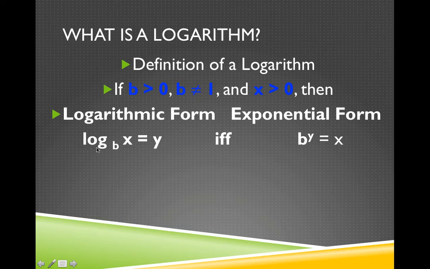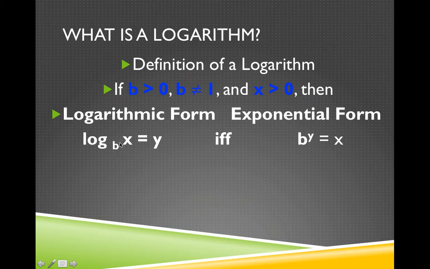These two forms, logarithmic form and exponential form, are equivalent. So the logarithm log base b of x is equal to y is equivalent to b to the y is equal to x. This is your definition of what a logarithm is.